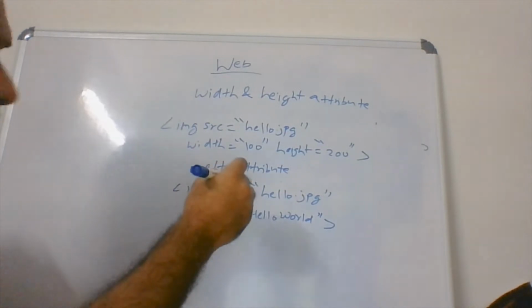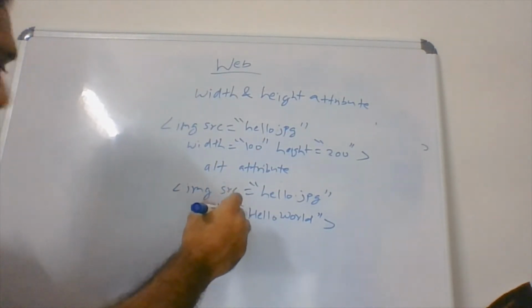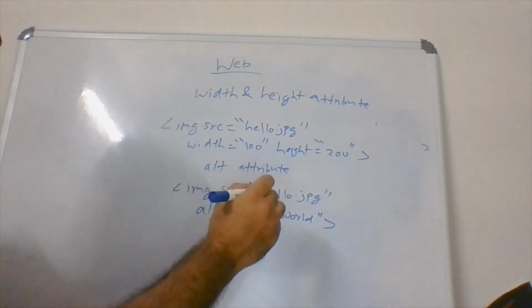So here suppose the image did not display, the alternate text, that is hello world, will be displayed.